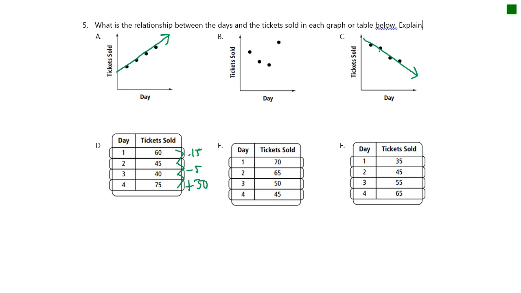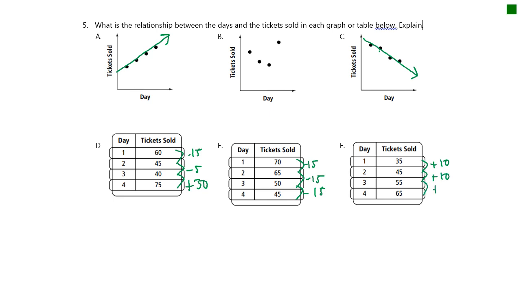All right, what about the next one? 70 to 65, minus 5, and then minus 15. 65 to 55 is minus 15. 50 to 45, sorry, is minus 15. All right, the next one, 35 to 45, we are adding 10. 45 to 55, we're adding 10.